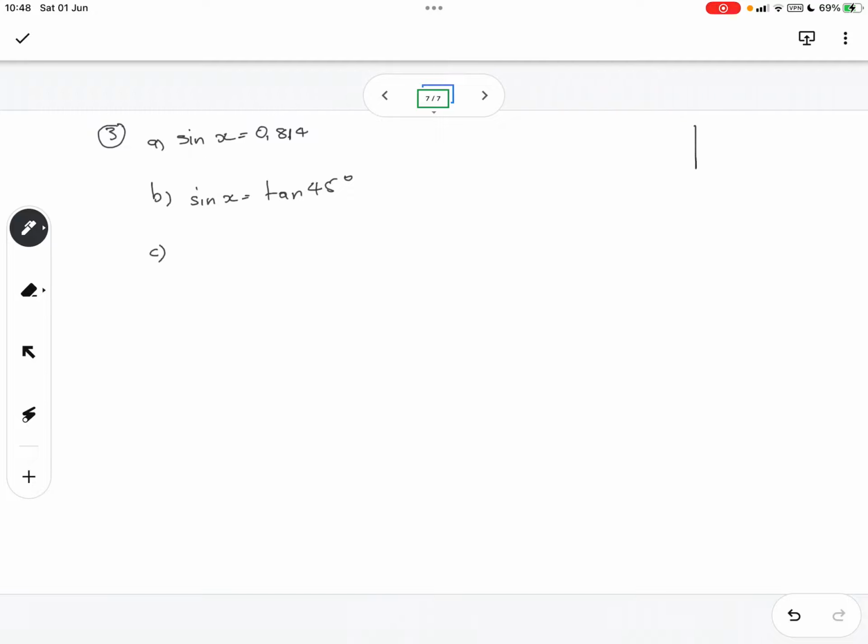C, and by the way, tan 45 degrees, you can also work out using special triangles. We did special triangles, yes? Yes, so the tan of 45 degrees would be opposite over adjacent, which would be 1 over 1.